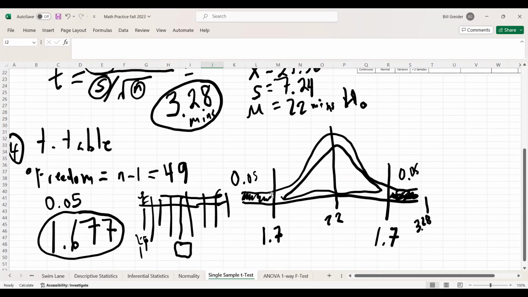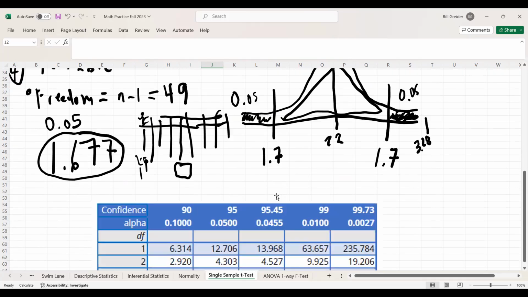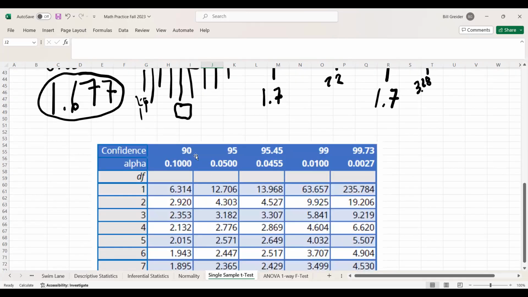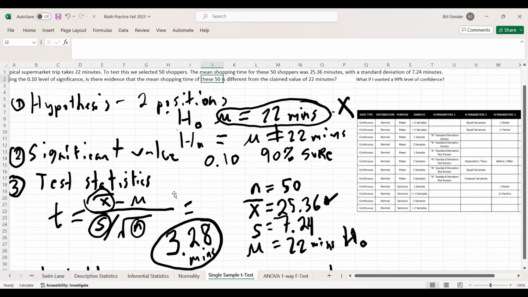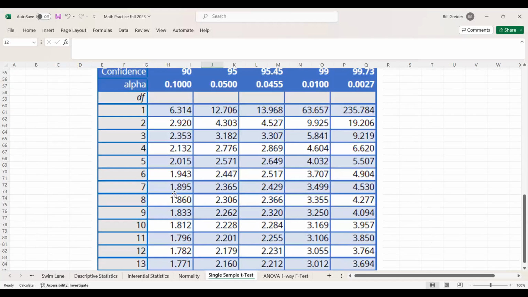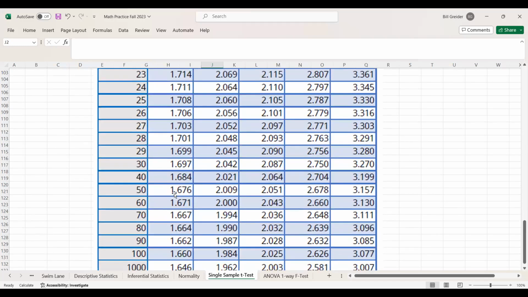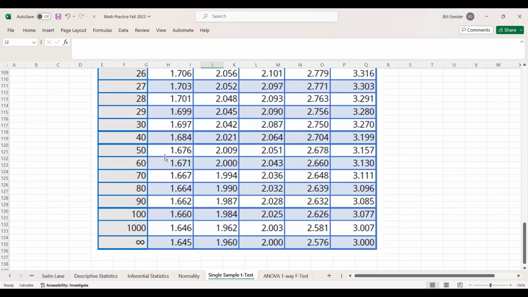And that's going to be my goalpost right there, 1.7. That's how I got it out of the table, guys. So there's my confidence level, and degrees of freedom is nothing more than the size of my sample minus 1. I had 50 in my sample, but I don't have 49 here, so I'm going to take the closest one.